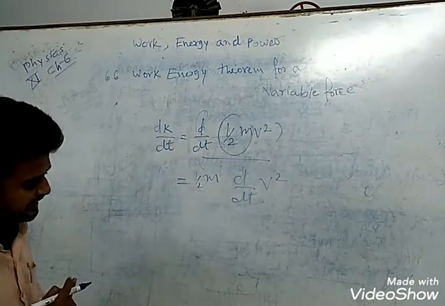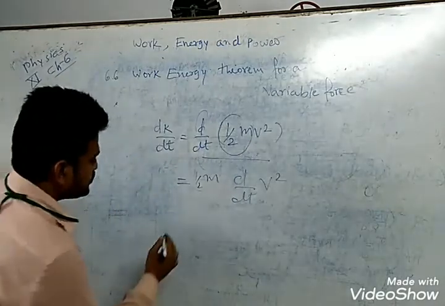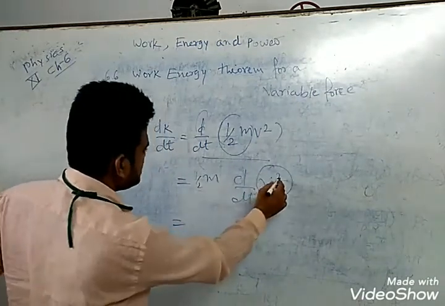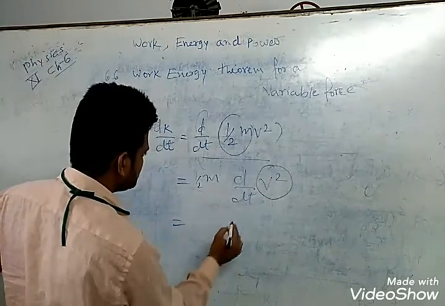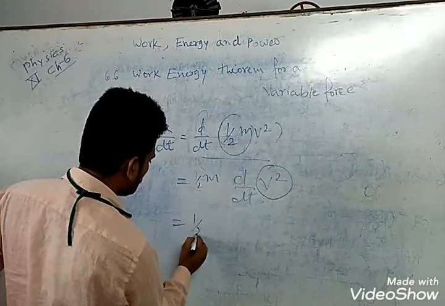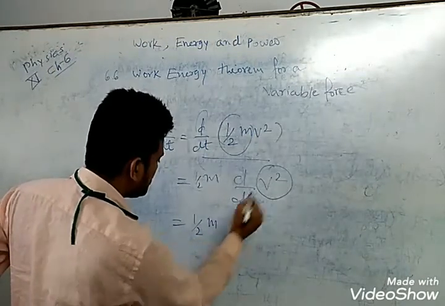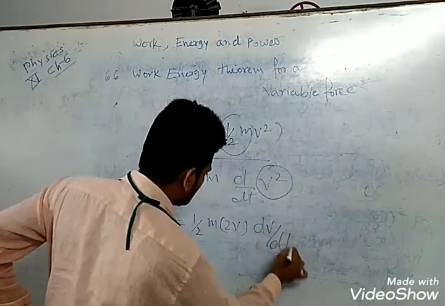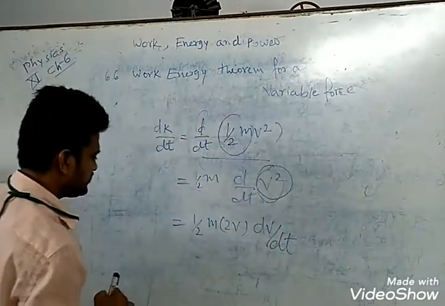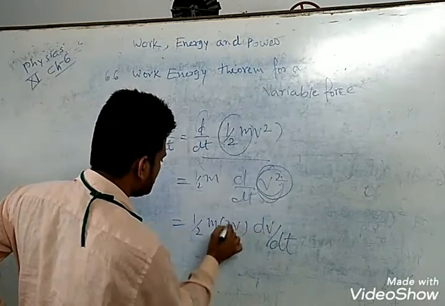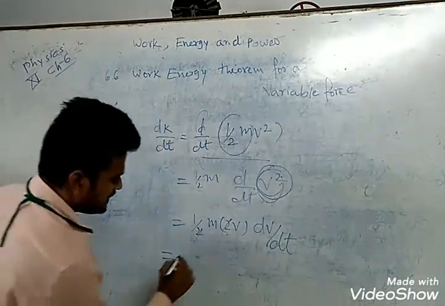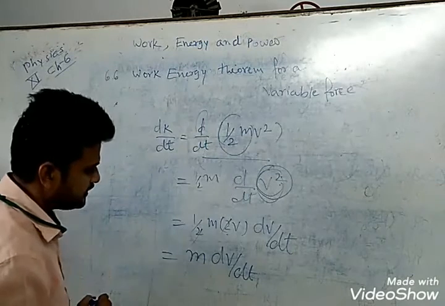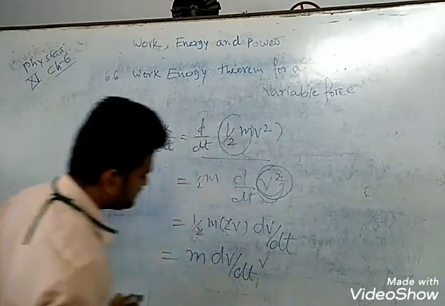The derivative of v square is 2v, so 1 by 2 into 2v into dv by dt. Here the 2 cancels, so we get m into dv by dt into v.